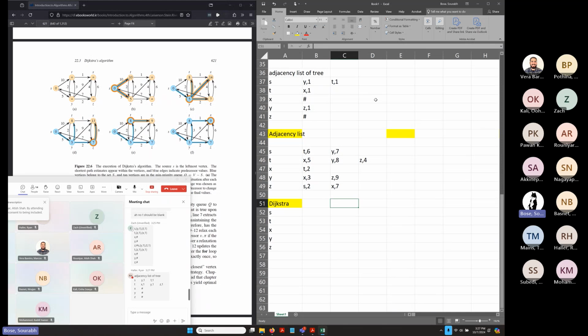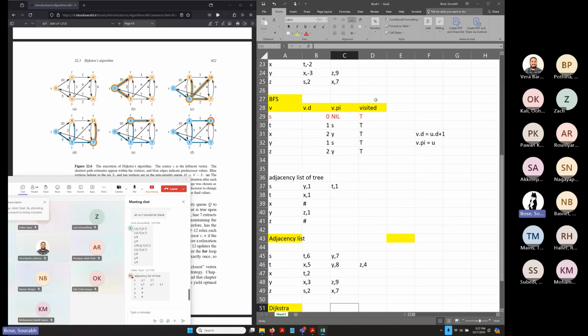Ryan, it will not be going via T. So in your case, it might, but S goes to T and Y. If you wanted to explore T first, then yes, T would have gone to X and Z, but not to Y. Y was already explored by S. So it would either be T, X, comma, Z, comma 1, or X, comma 1 slash Z, comma 1.